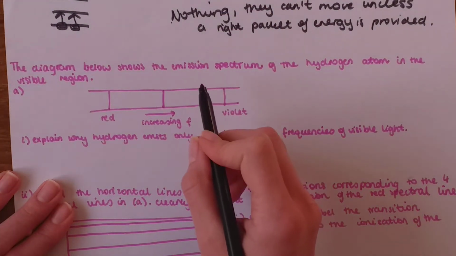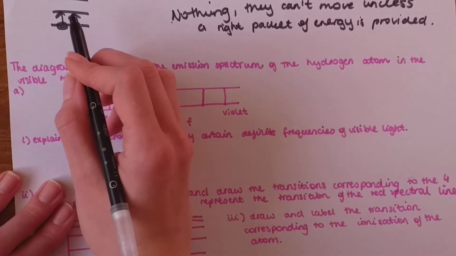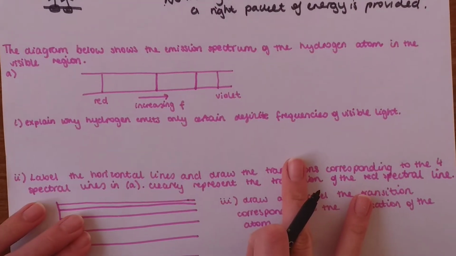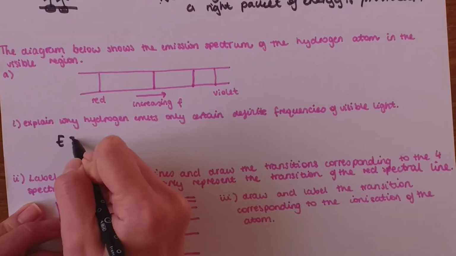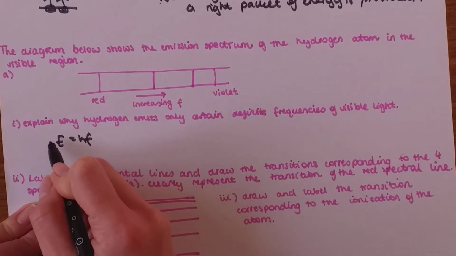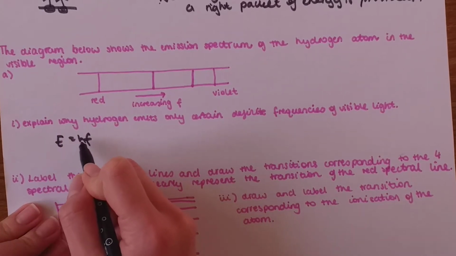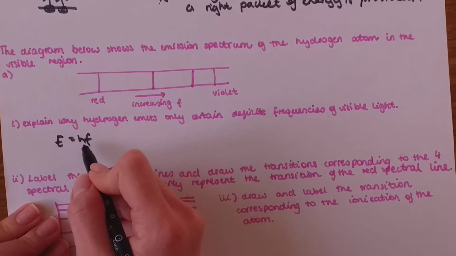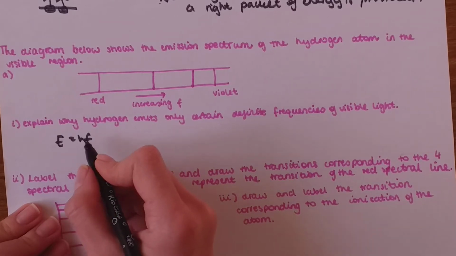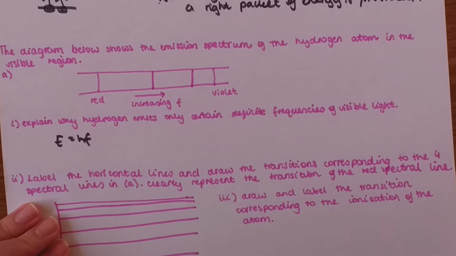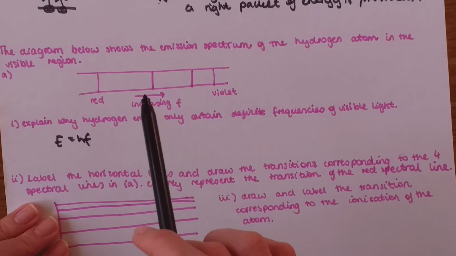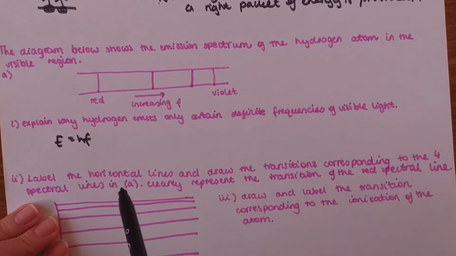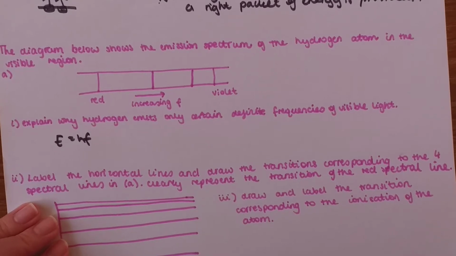When it's emitted in an emission spectrum, the electrons drop back down. Therefore, they emit energy. And according to our equation, E equals hf, if they have that certain amount of energy, and Planck's constant is a constant, so it's always going to be the same, they have to have that certain amount of frequency as well. So at a certain energy, we're going to have a certain frequency which is related to that energy. Therefore, only certain definite frequencies of visible light will be emitted.